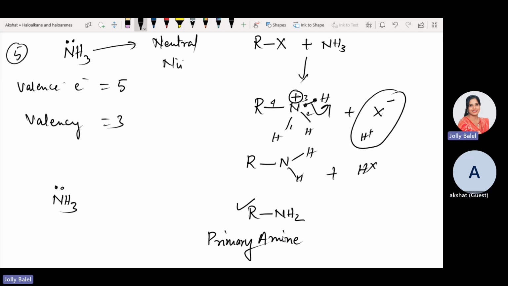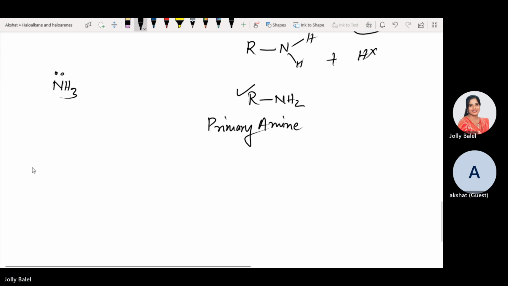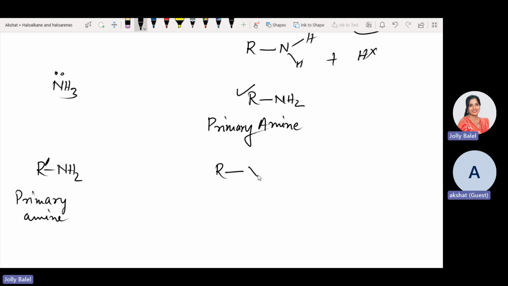In a similar way, if I provide you RNH2 as the reagent, a primary amine, can you tell me the product? If RX is reacting with R dash NH2, what will be the product?